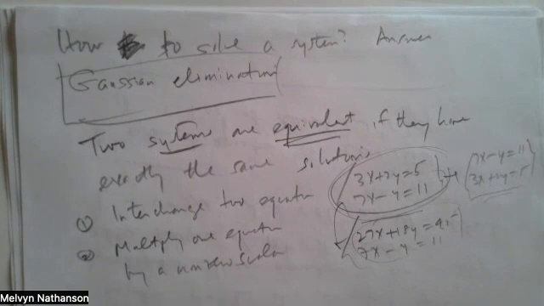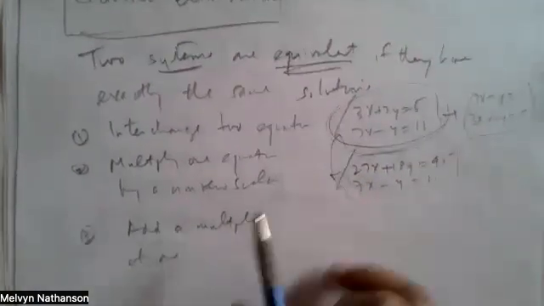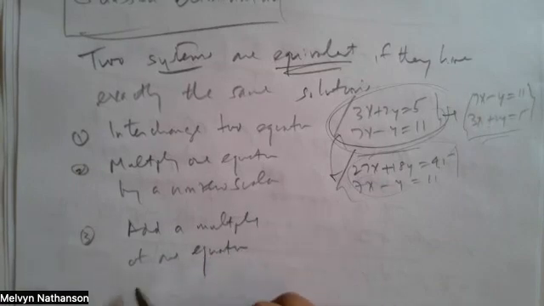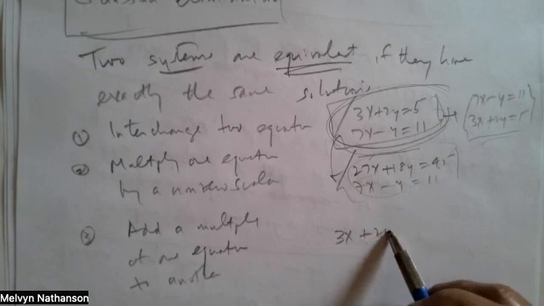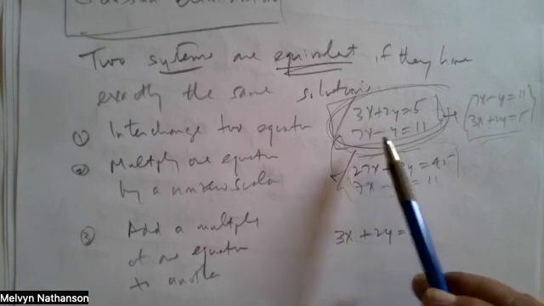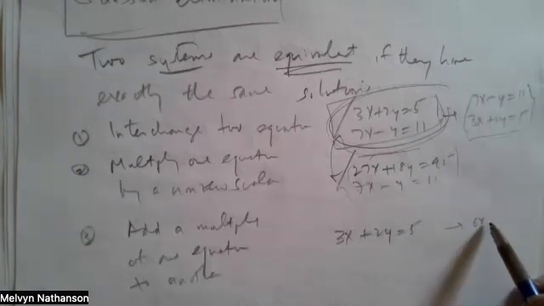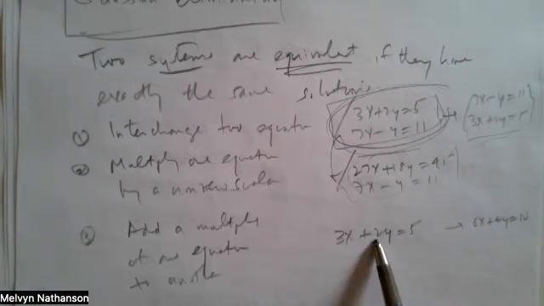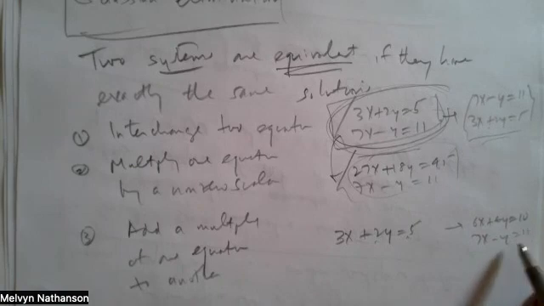And third, which is the most important one, I can add a multiple of one equation to another. So in this system, I take the first equation, I just write it, I don't do anything to it. But suppose I add 2 times the first equation to the second. 2 times the first equation is 6x plus 4y equals 10. I multiplied this equation by 2, and I add it to the second equation, 7x minus y equals 11.